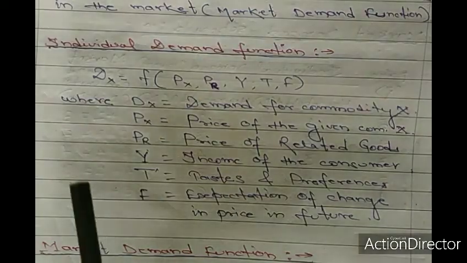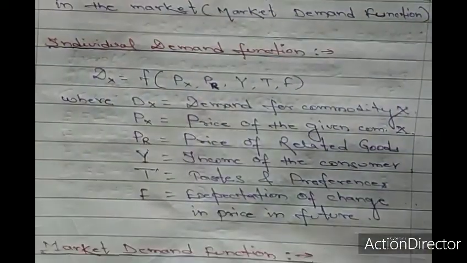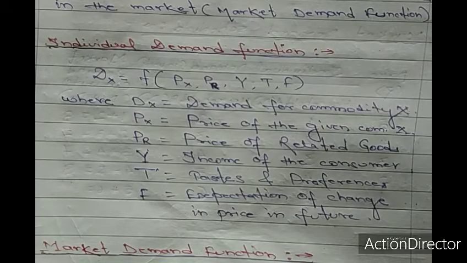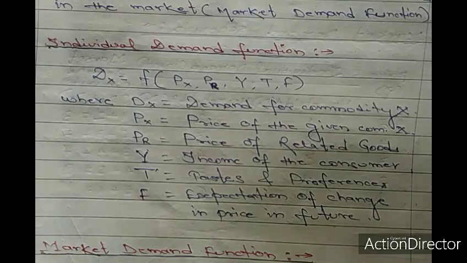Here Dx is the demand for a commodity x. Px is the price of the commodity x. Pr is the price of related goods. Y is the income of the consumer. T is taste and preference, and F is expectation of change in price in future.